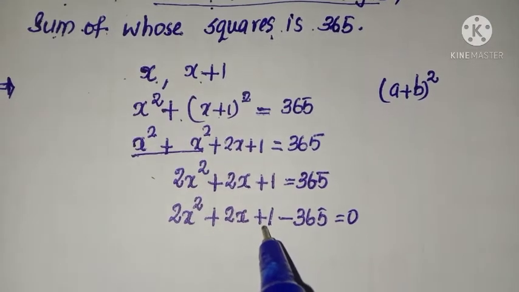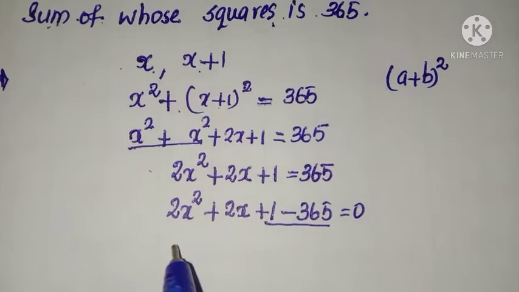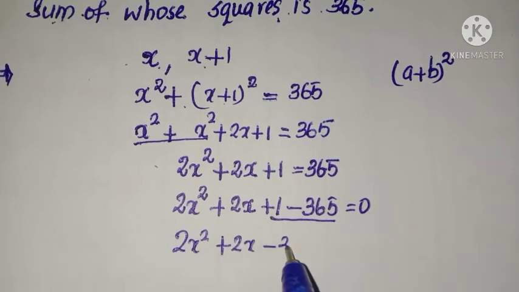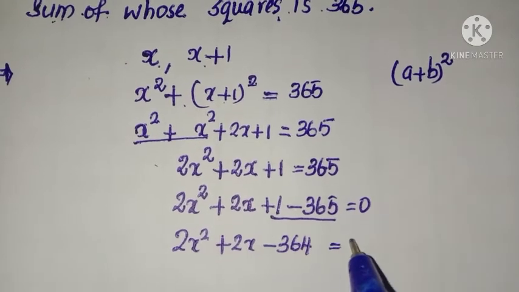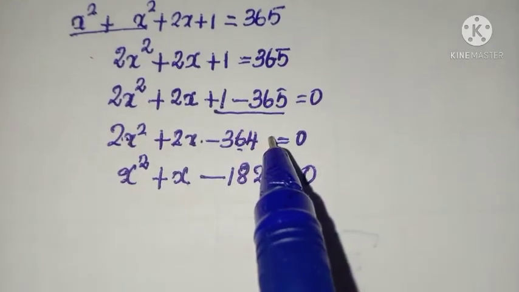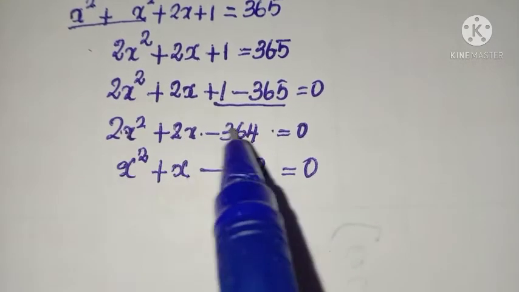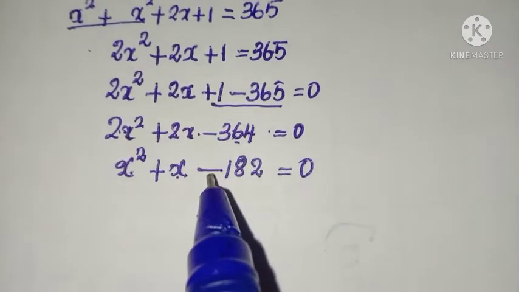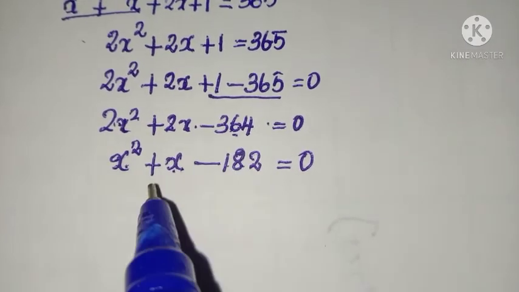Now listen, what is 1 minus 365? That is minus 364 equal to 0. Now here 2 is common. So cancelling 2 from here, we get x square plus x minus 182 equal to 0.